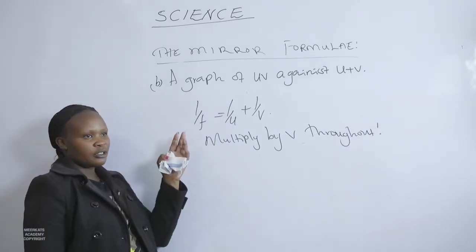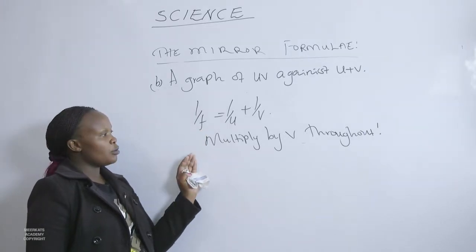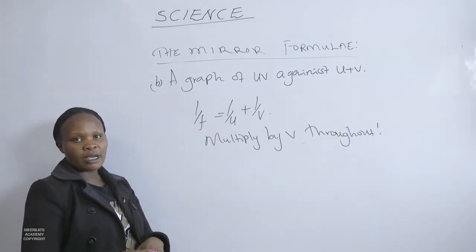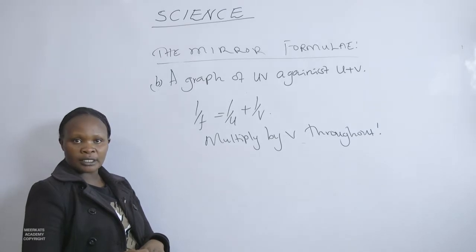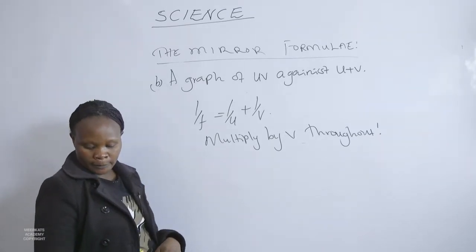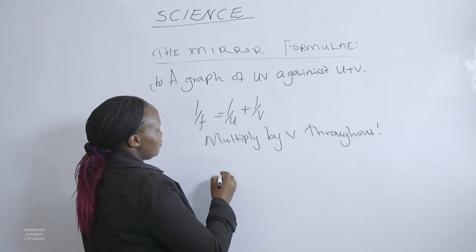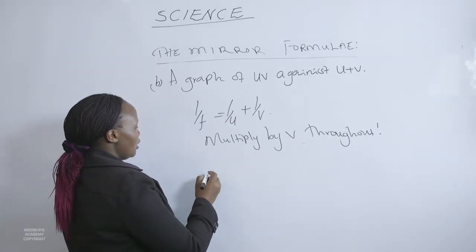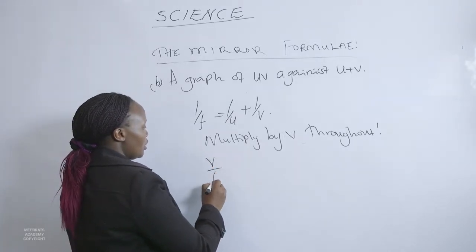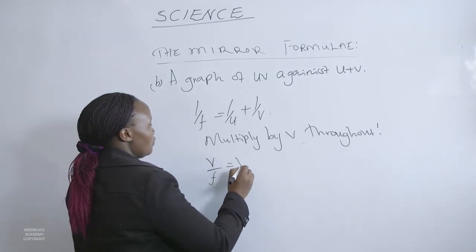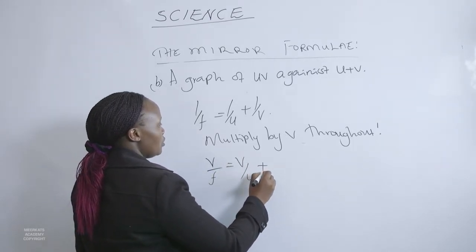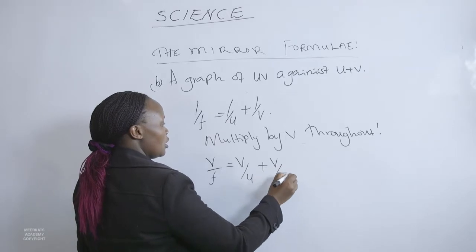We have our mirror formula. Now we want to multiply all through by V and see what we can get from that. If we multiply by V, V over F will be equal to V over U plus V over V.